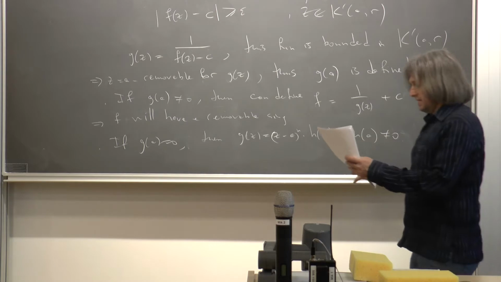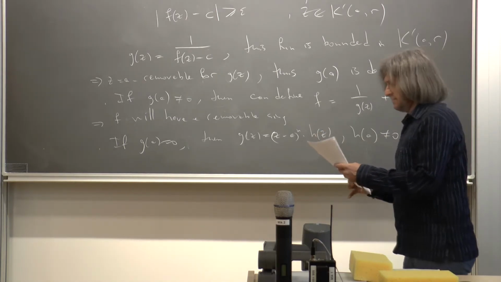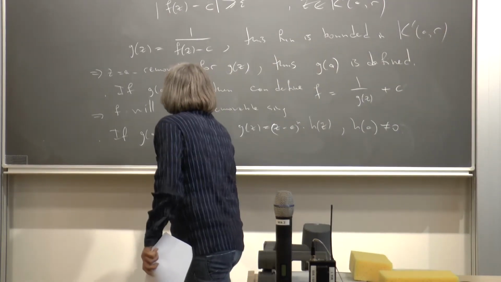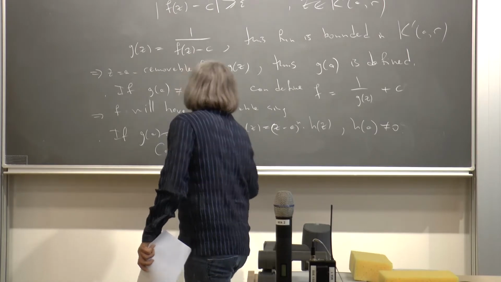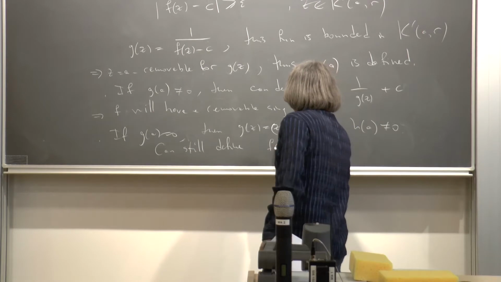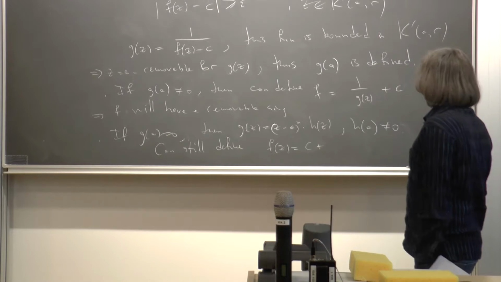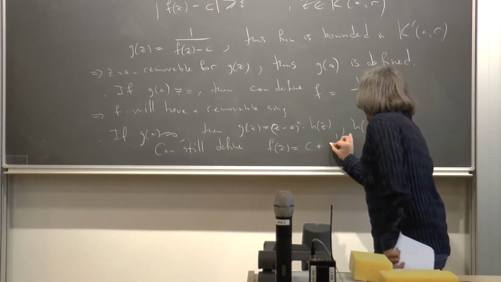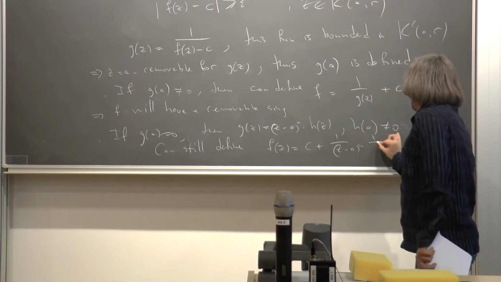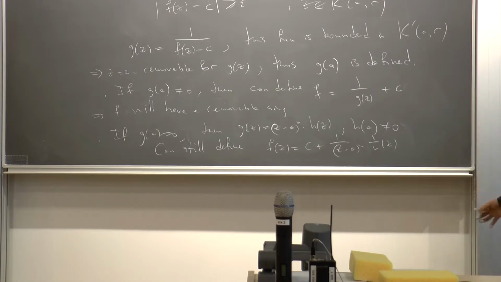Then we can still define f of z, which will be c plus 1 over z minus a to the n, 1 over h of z.